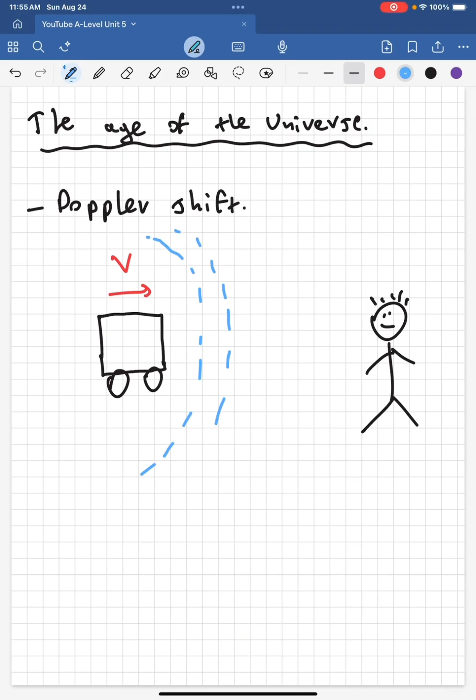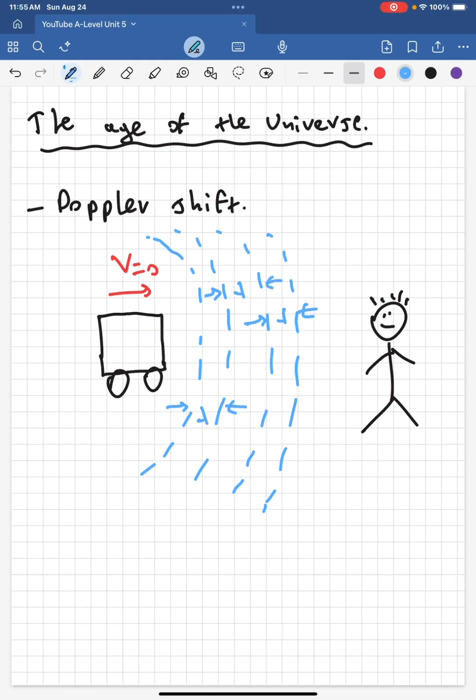Initially they will be like this, right? If v is 0, then the wave fronts will look like this, and they will have a constant lambda. Okay, so this is gonna be lambda, this is gonna be lambda, this is gonna be lambda, and so on.